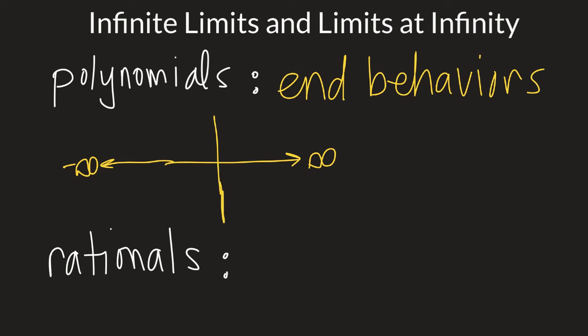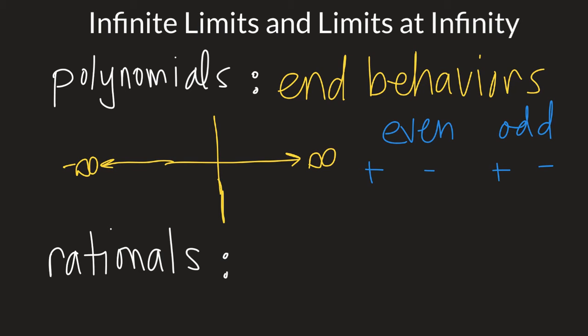Hopefully you know there are only two types of polynomials, even polynomials and odd polynomials. Each of these evens and odds have positives and negatives, and they each have their own end behaviors depending on whether we're going to the left or to the right.